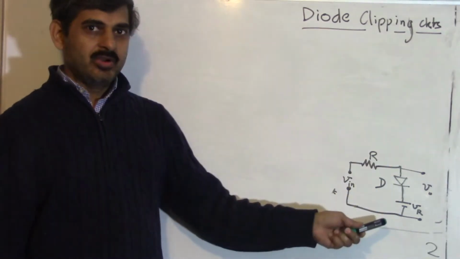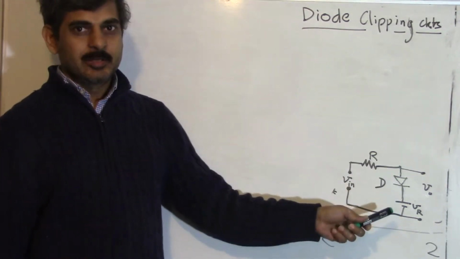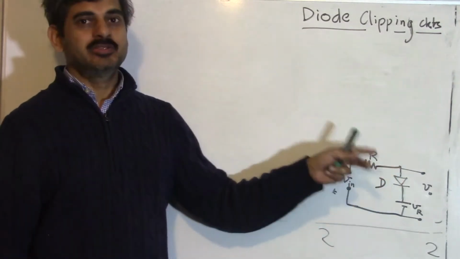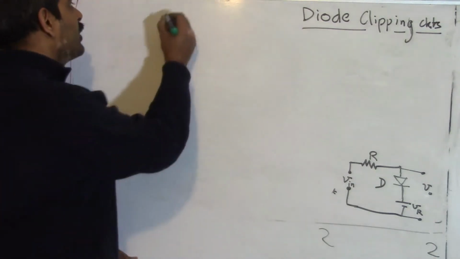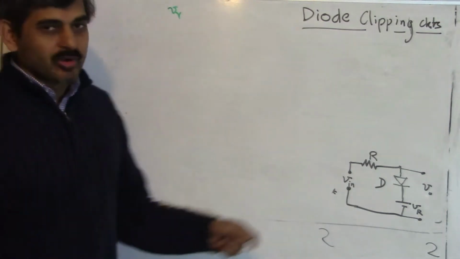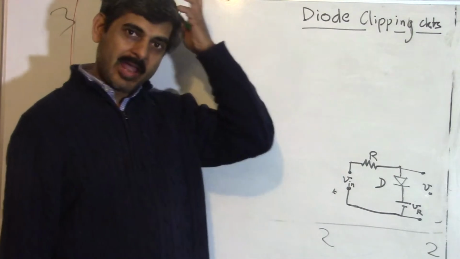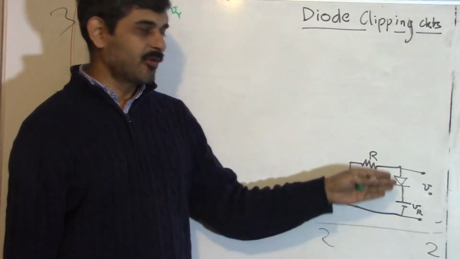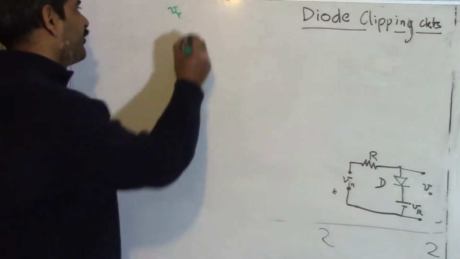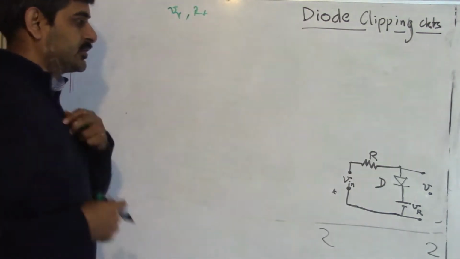It's a real diode, and we'll model it with a drop across this diode, which we'll call V gamma, typically 0.7 volt in any silicon diode, and we will assume that it has some resistance in forward bias. We will call it RF, the forward bias resistance of this diode.